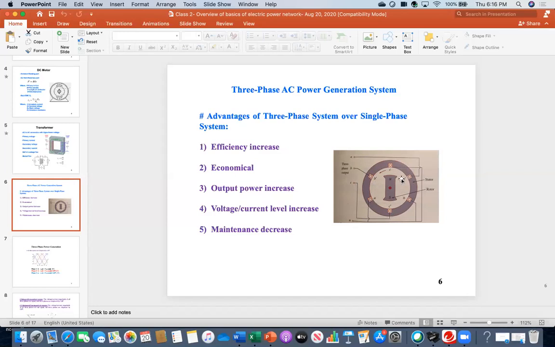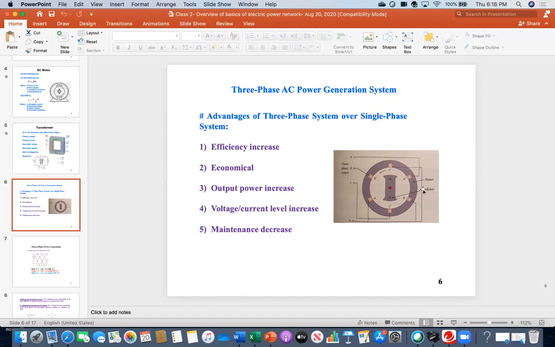AA prime means for the coil, this is one end, this is the other end. For B prime, B, this is one end, this is the other end. Same thing for CC prime. So this is called a three-phase system. And you see from C prime, B prime, and A prime, there are three lines. It is called the three-phase output.